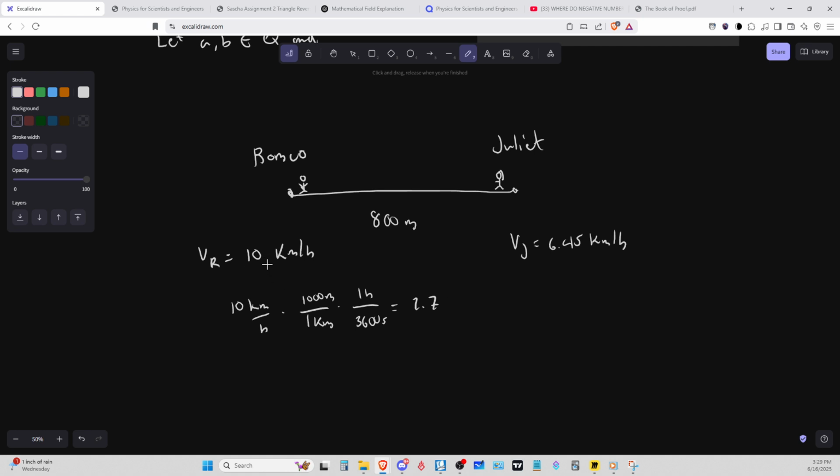Technically we have one significant figure, so we can just make it 3 meters per second. Make it easier. And so we have Juliet, so we can convert Juliet's speed, or velocity I should say.